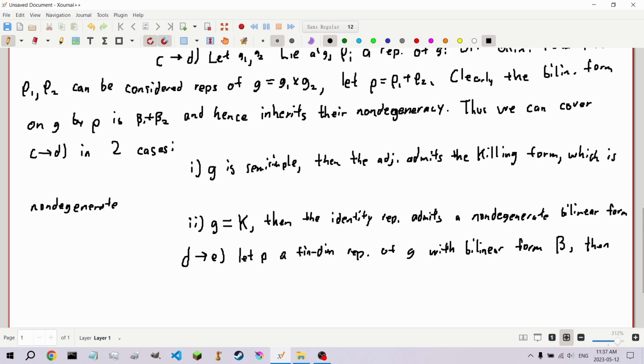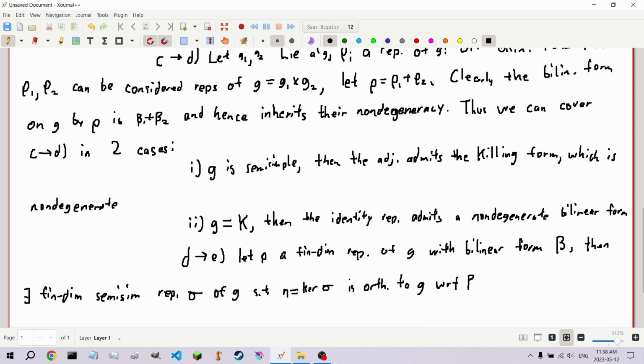Then, by a previous proposition, there exists a finite dimensional semi-simple representation sigma of G such that n, which is the kernel of sigma, is orthogonal to G with respect to the bilinear form beta.